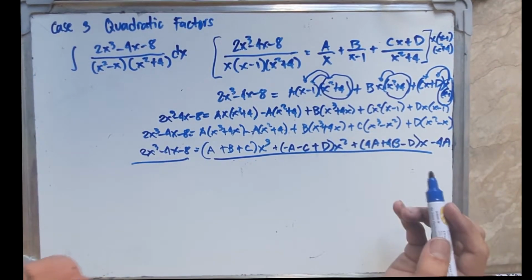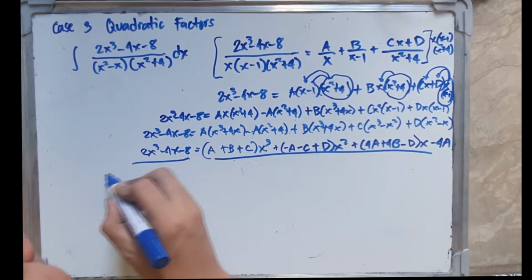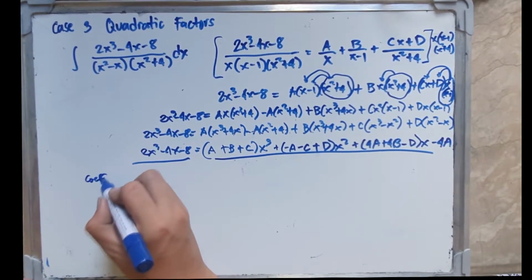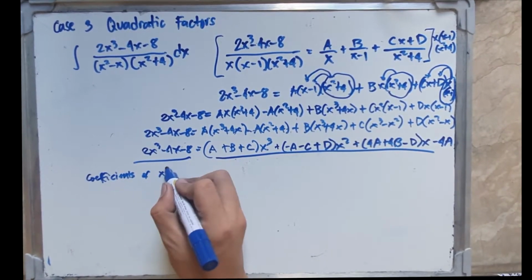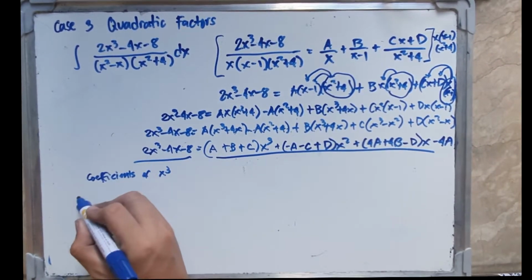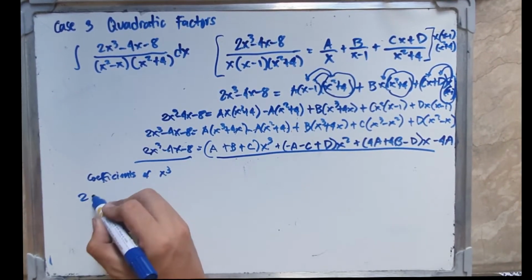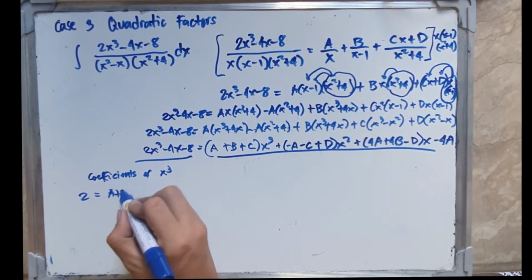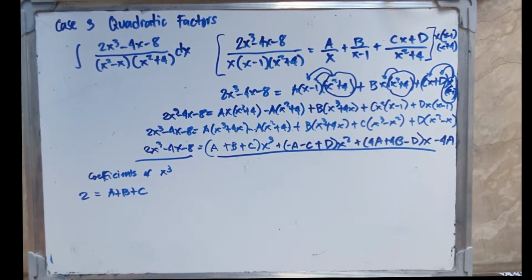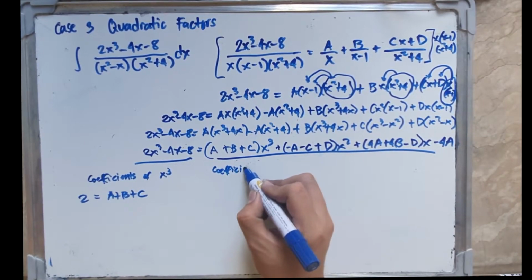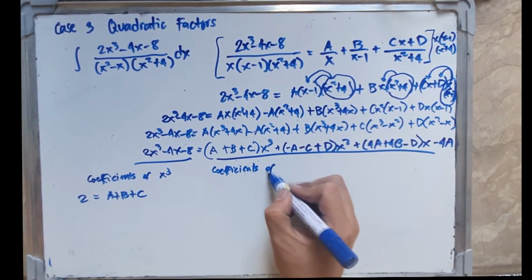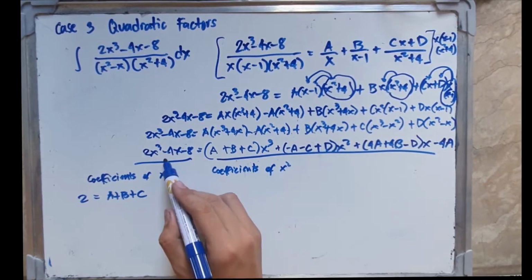So for the coefficients of x cubed, this side was x cubed 2, and here a plus b plus c. The coefficients of x squared.